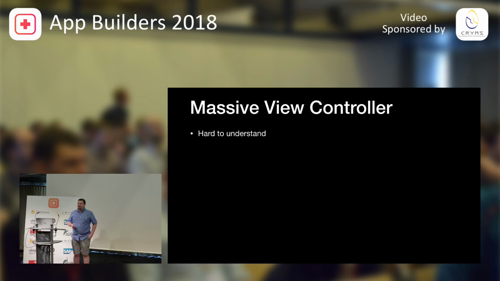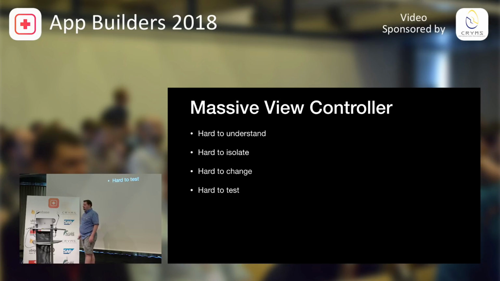The problem with Massive View Controller is that your code is hard to understand. Nobody wants to open up a file and discover that they're dealing with a 7,000-line view controller. You have no idea what's going on. You can't really isolate functionality to test it, or to change it reliably. It's hard to work with. It's hard to test.